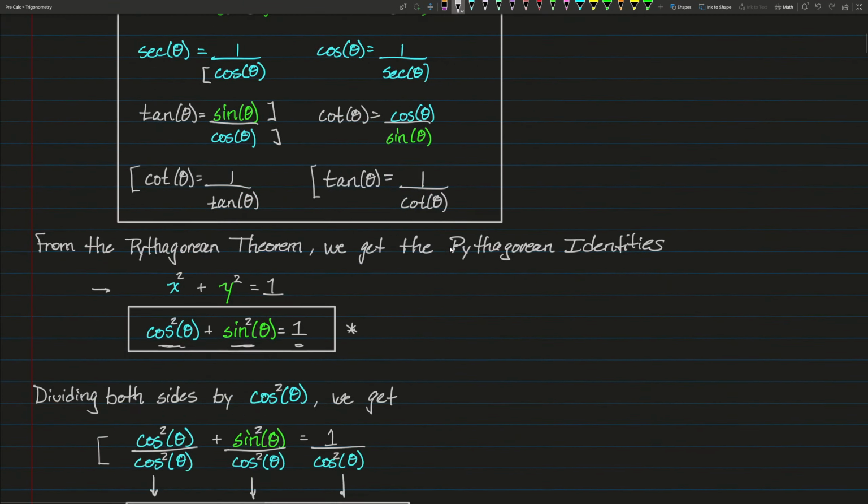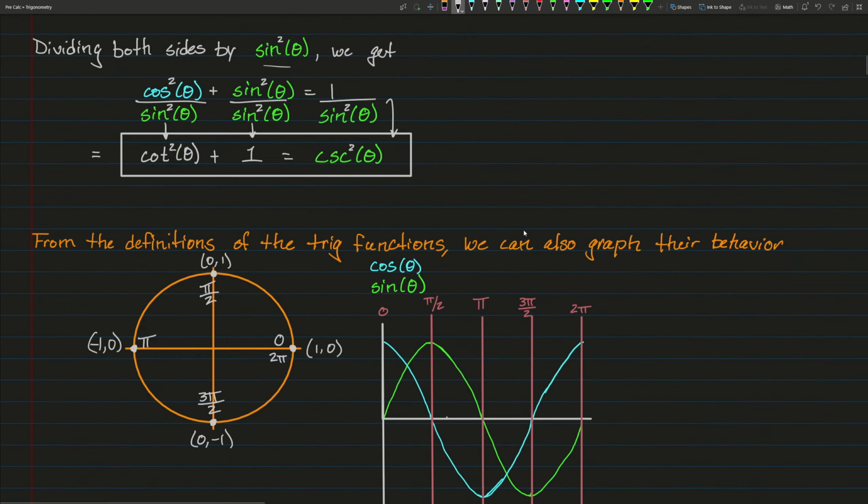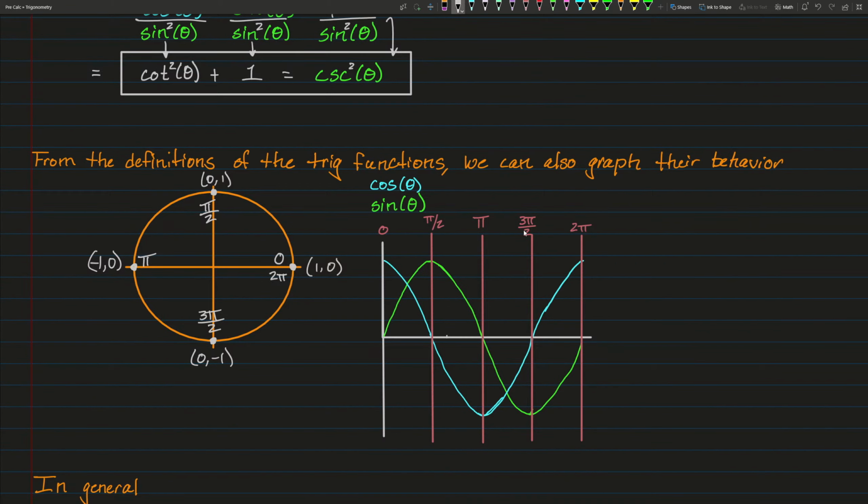And then the last thing we're going to have to do on this is to graph sine and cosine. So from these definitions, we can graph these trig functions' behavior. All right, so we're going to worry about sine and cosine, and then cosecant and secant.